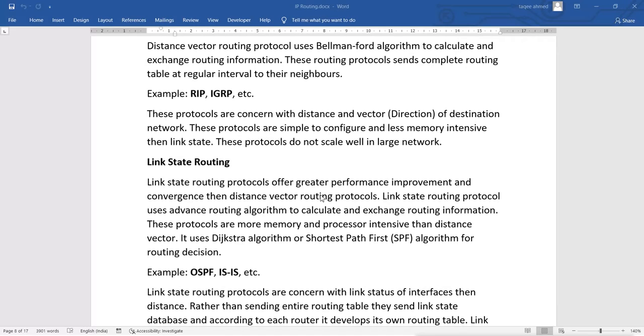It uses the Dijkstra algorithm, or we can say the shortest path first, SPF, algorithm for routing distance. Examples of these protocols are OSPF and IS-IS. These are the examples of protocols which use the link state technology.